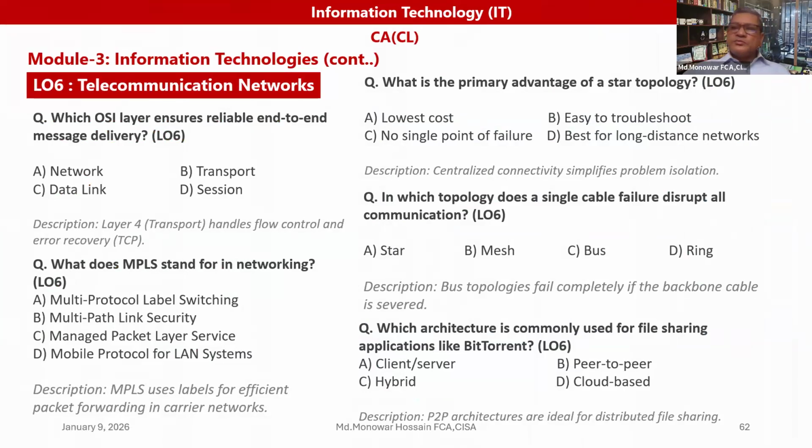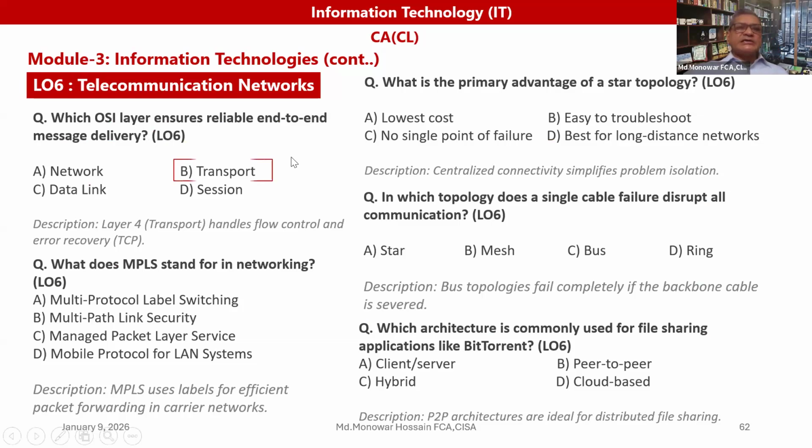Now, based on our discussion, we will see a few MCQs. Which OSI layer ensures reliable end-to-end message delivery? We have seen there are 7 layers in the OSI model.